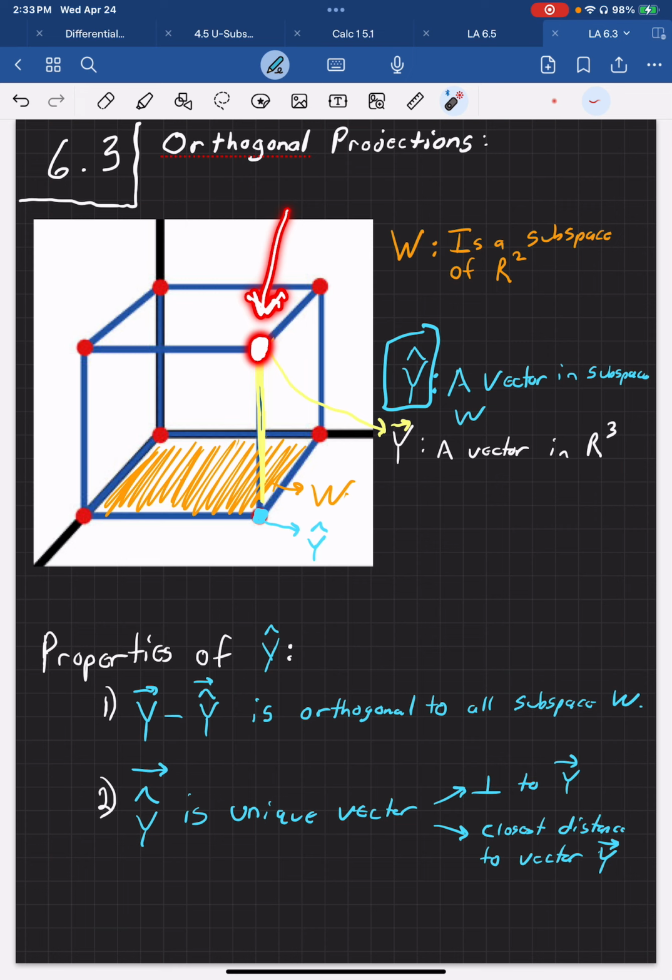Now, we are not going to be able to get to y, but we can try to get as close as possible. So let's imagine that W is all the different combinations of variables that we can reach.